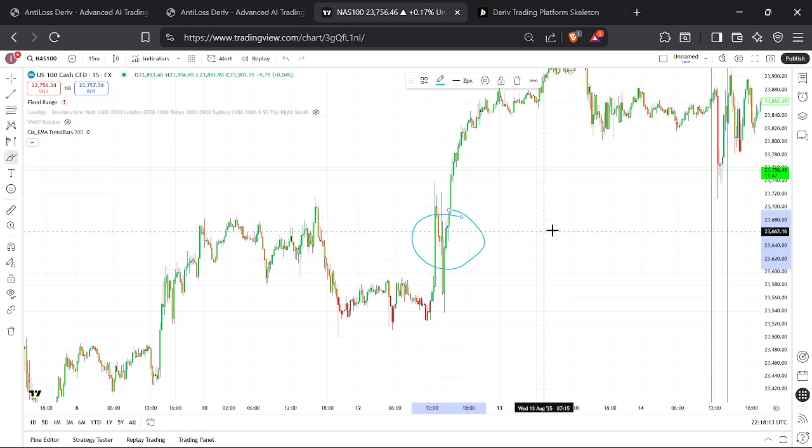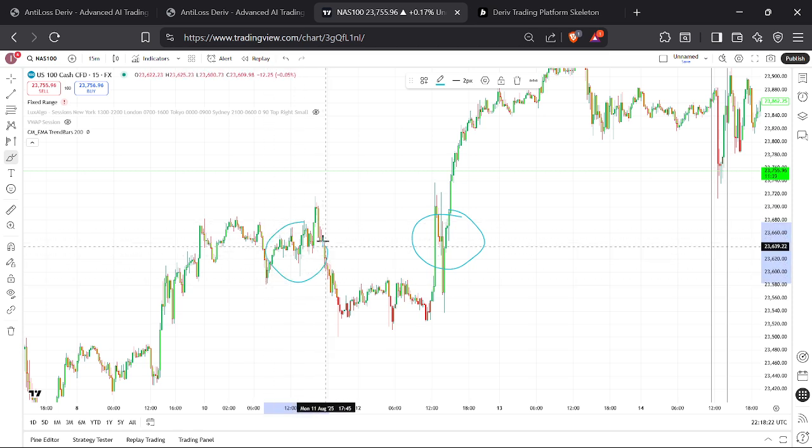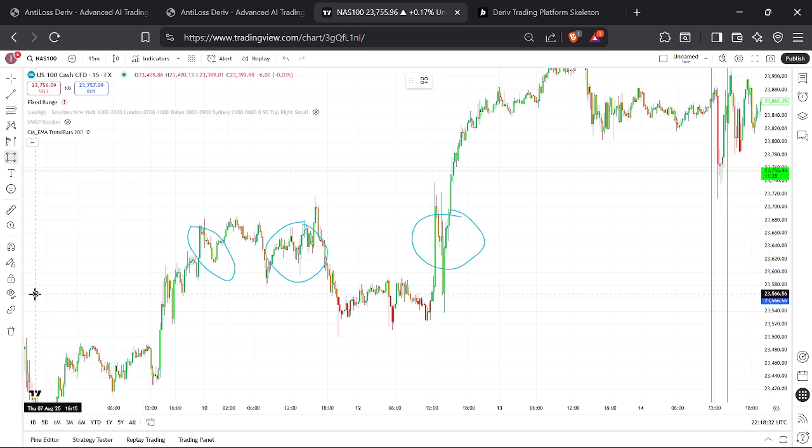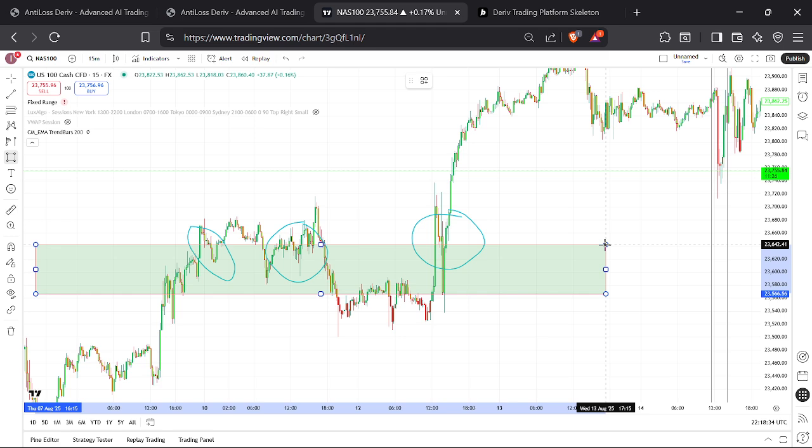You can go ahead and check it on your chart, and it's a place where the market has been reacting previously.